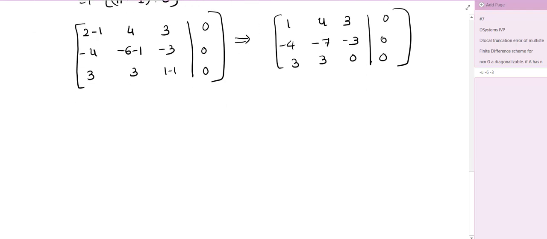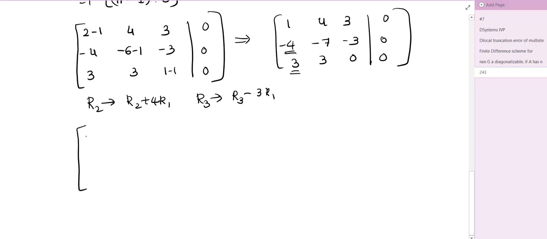Now we can see that R2 changes to R2 plus 4 times R1, and R3 changes to R3 minus 3 times R1. So we have to remove these two. This will give us 1, 4, 3, minus 4 plus 4 is 0, minus 7 plus 16, that will be 9.